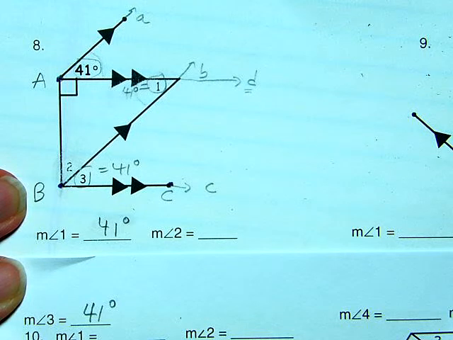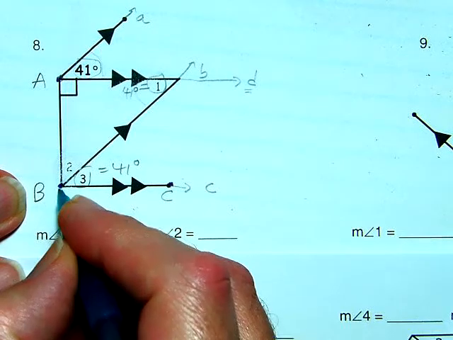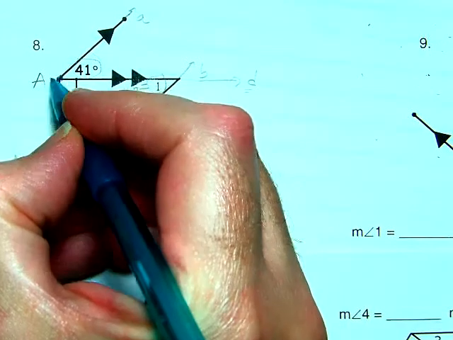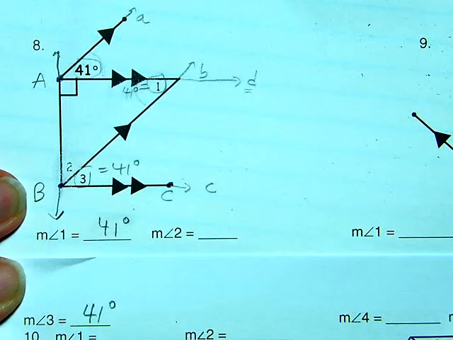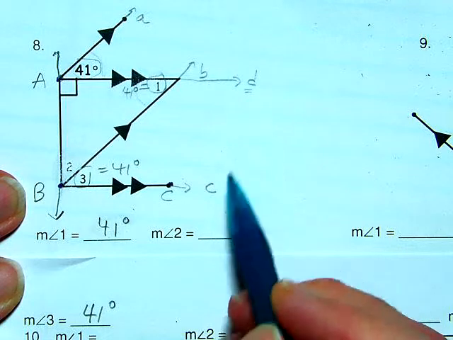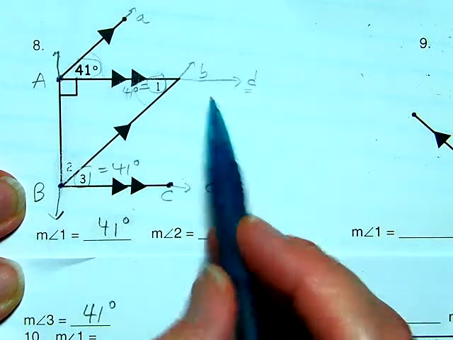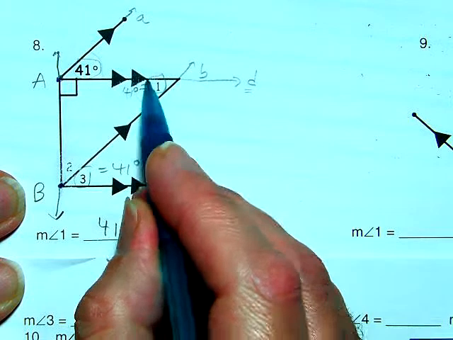But one thing that we can see is that there is a relationship between line AB, if we extend it up and down a little bit, and line D, because AB is actually a transversal that cuts both parallel lines C and D. If you see that, let's draw these out a little bit.